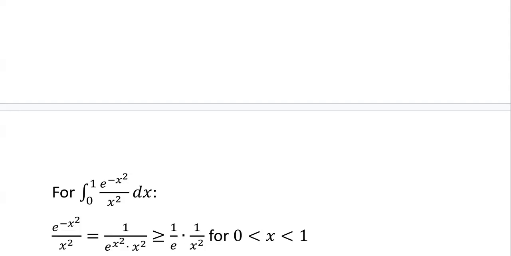How did I think of that? Well, the key is we're restricting it to the interval from 0 to 1, so it'll be e to some fractional power, because x is between 0 and 1. For example, a third, half, a fourth, an eighth, and so on. When it's a fractional power, the fraction is less than 1.